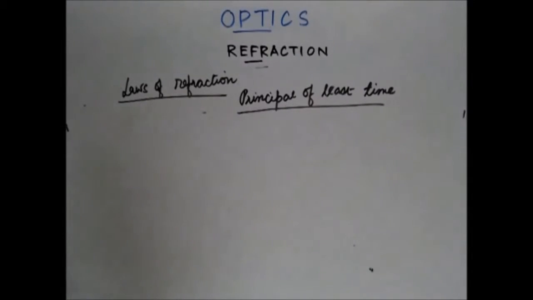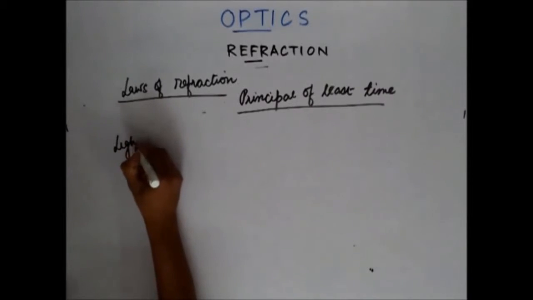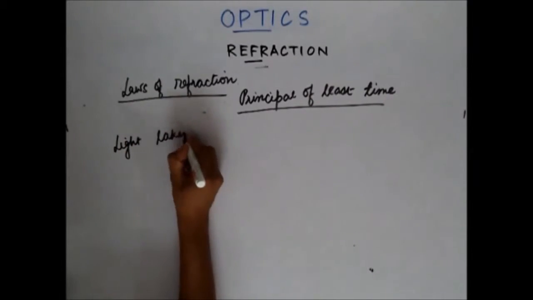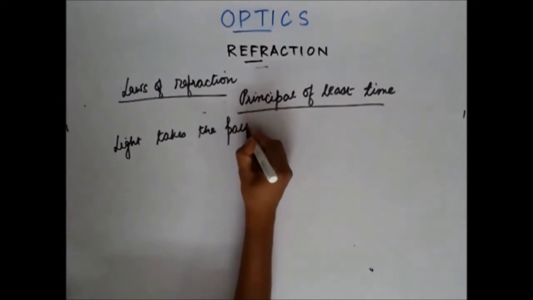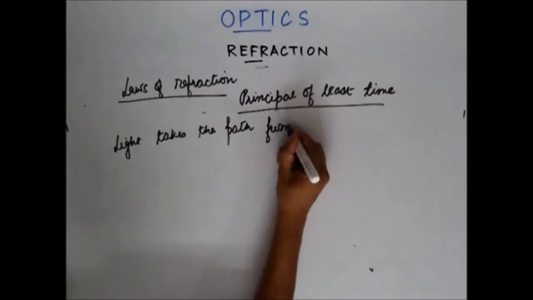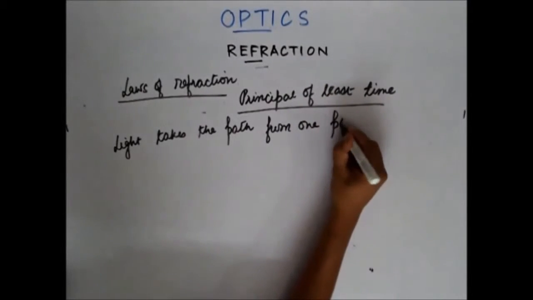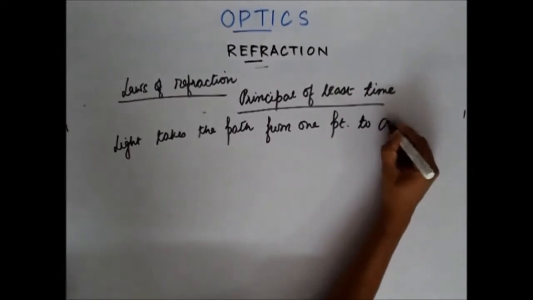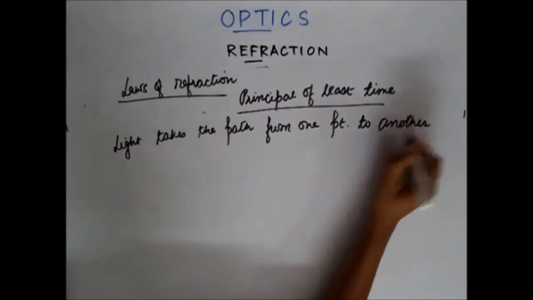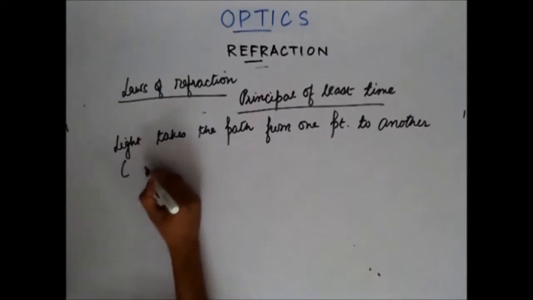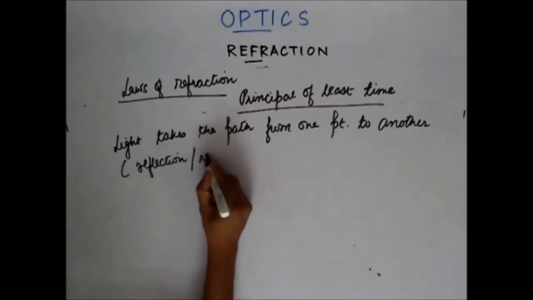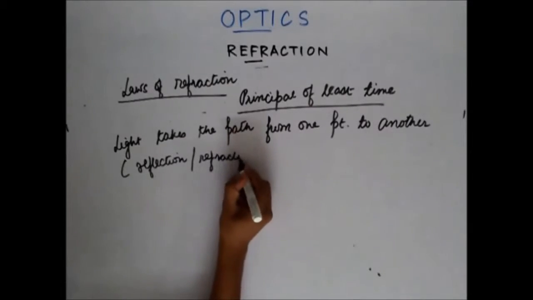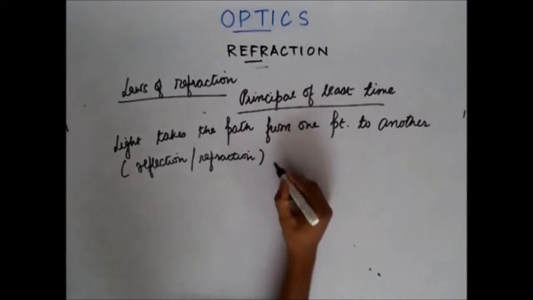It says that light takes the path from one point to another, whether it be reflection or refraction, such that it takes the least time.